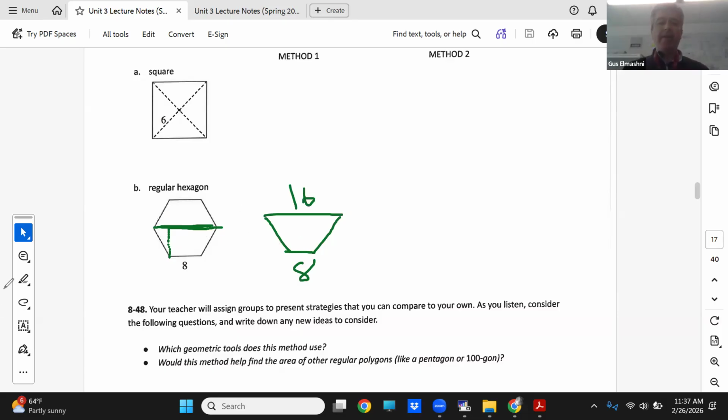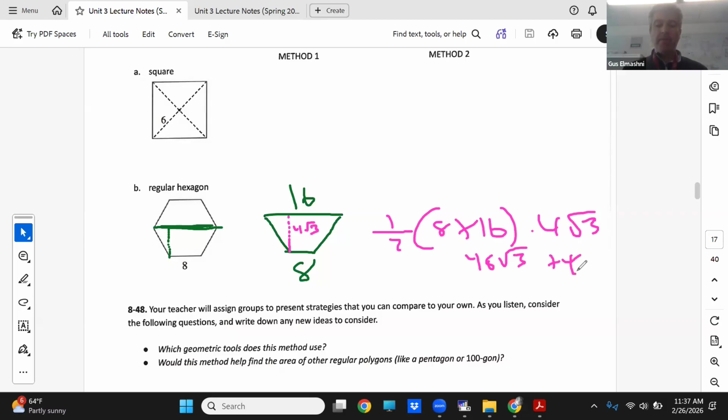We still had to find the height, which you could get using 30-60-90 ratios or trig, is 4 root 3. So it's 1/2 times the sum of the 2 bases times the height. You should get 48 root 3. But remember, you got 2 of these, right? Add them up, you get 96 root 3.